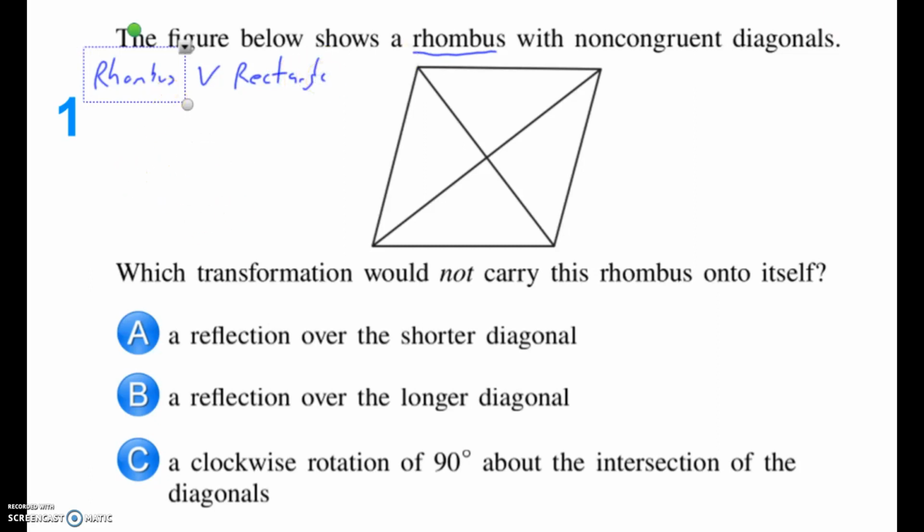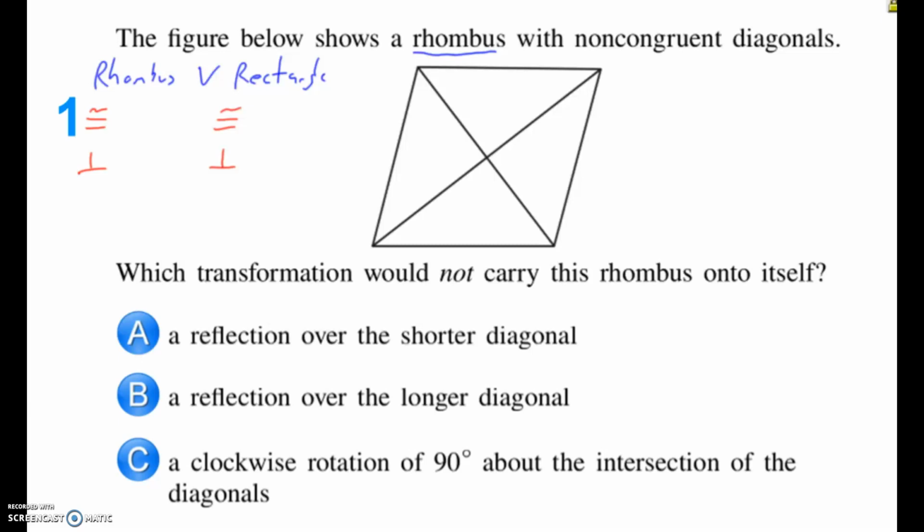What's interesting about them is that in a lot of ways they're kind of like opposites of each other, meaning they both have something special congruent and something special perpendicular. By special, I mean things that the parallelogram doesn't have, because these are parallelograms, so they already have the basic parallelogram properties such as opposite sides congruent, opposite angles congruent, the diagonals bisect each other.